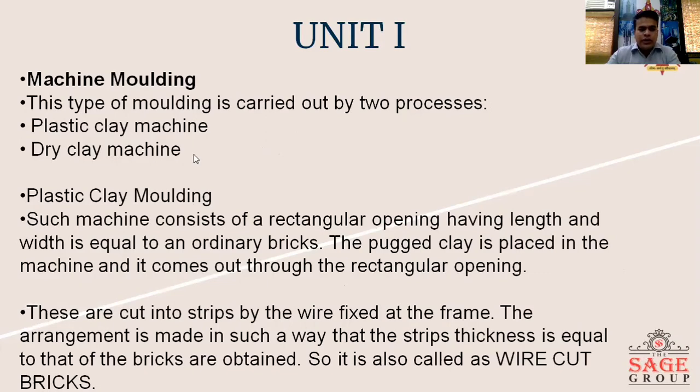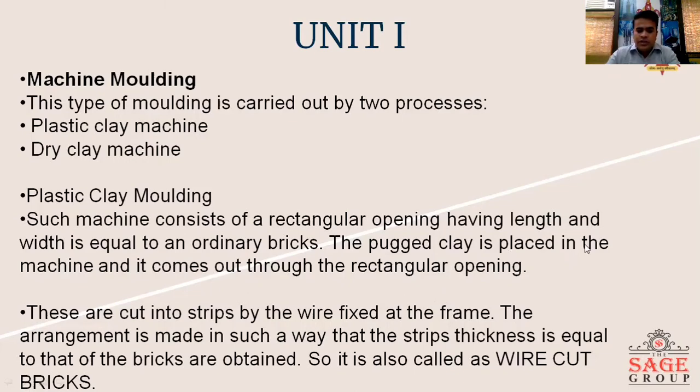Then machine molding is a type in which two types of machine are used, a plastic clay machine and a dry clay machine. Such a machine consists of a rectangular opening having a length and width equal to an ordinary brick. The pugged clay is placed in the machine and it comes out through the rectangular opening. These are cut into strips by wires fixed at the frame.